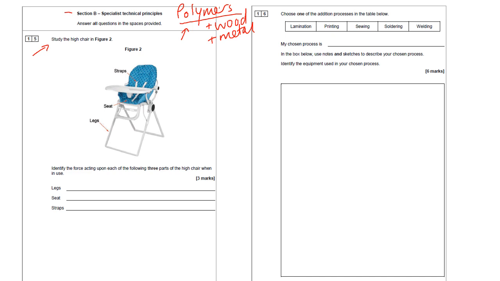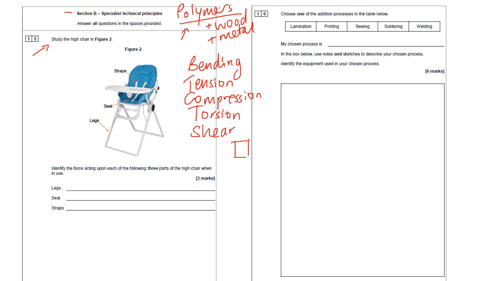The types of forces we can be talking about are bending, tension, compression, torsion, which is twisting, and shear, which is when something moves in opposite directions on a flat plane, almost like tectonic plates in geography. So we're trying to think of which one of these you might put for each of these.